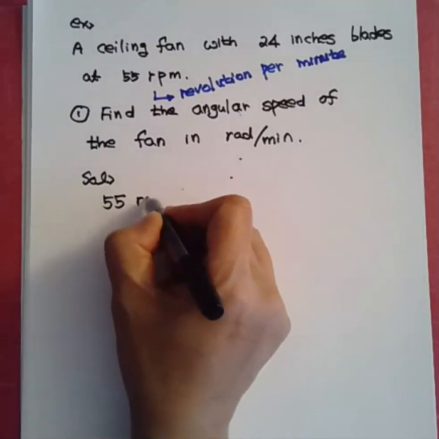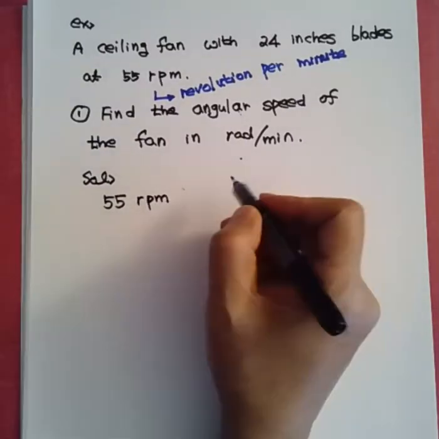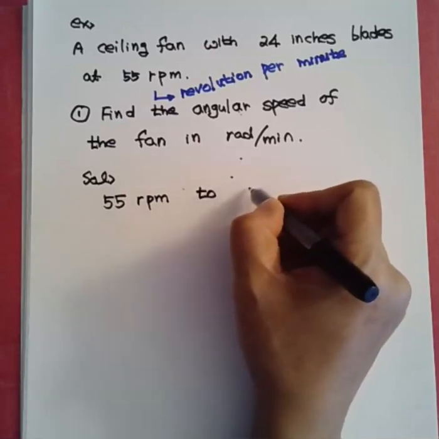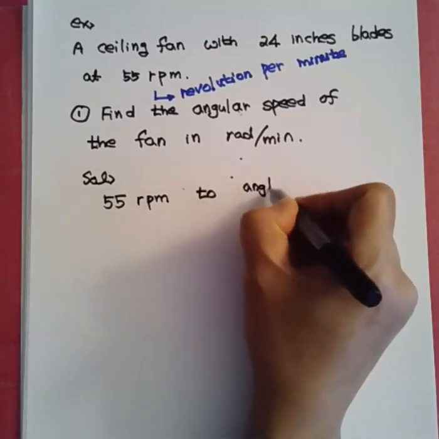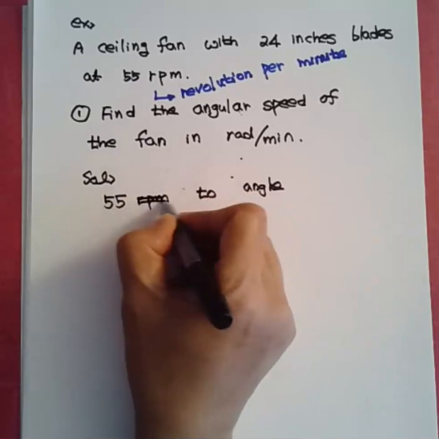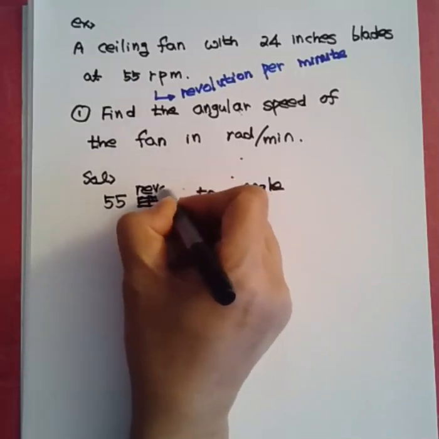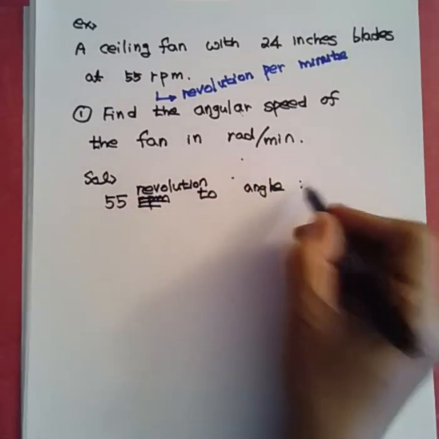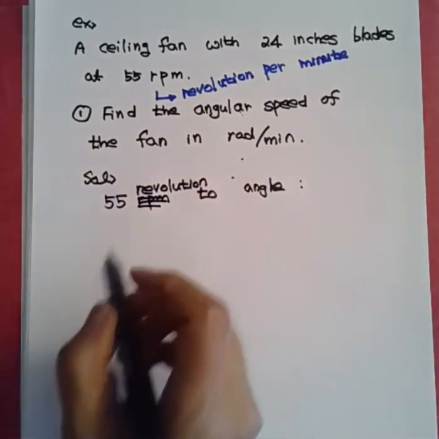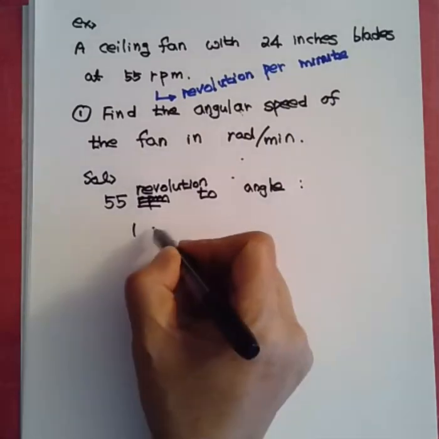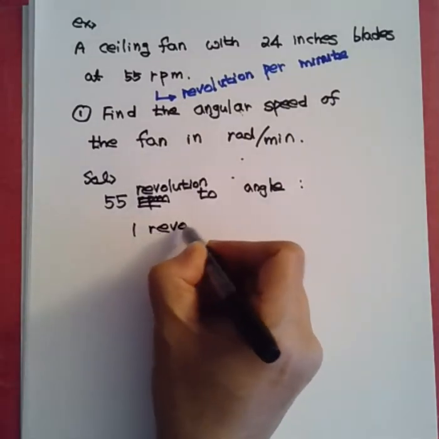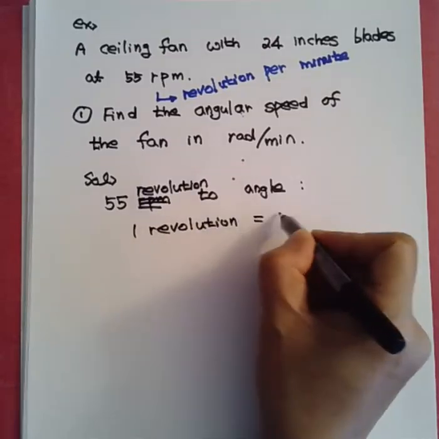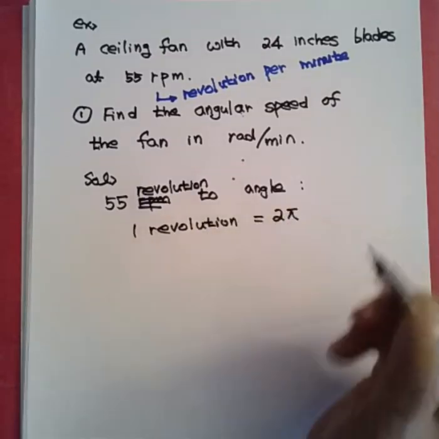55 RPM to angle. Let's say, revolution. That's the first thing we have to think about. We know that one revolution in angle is 2 pi.